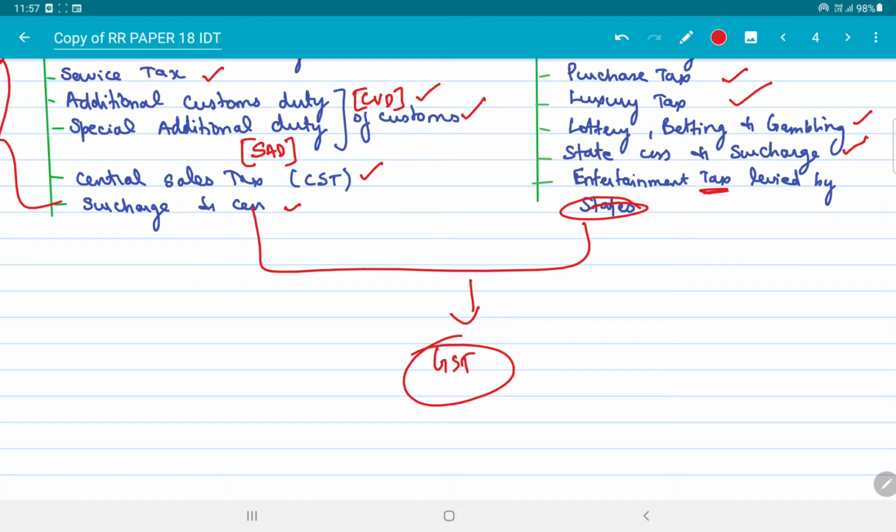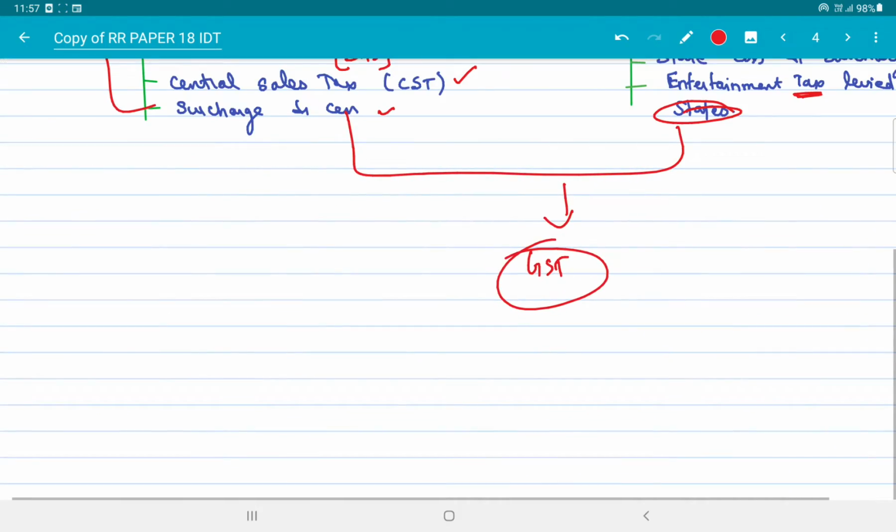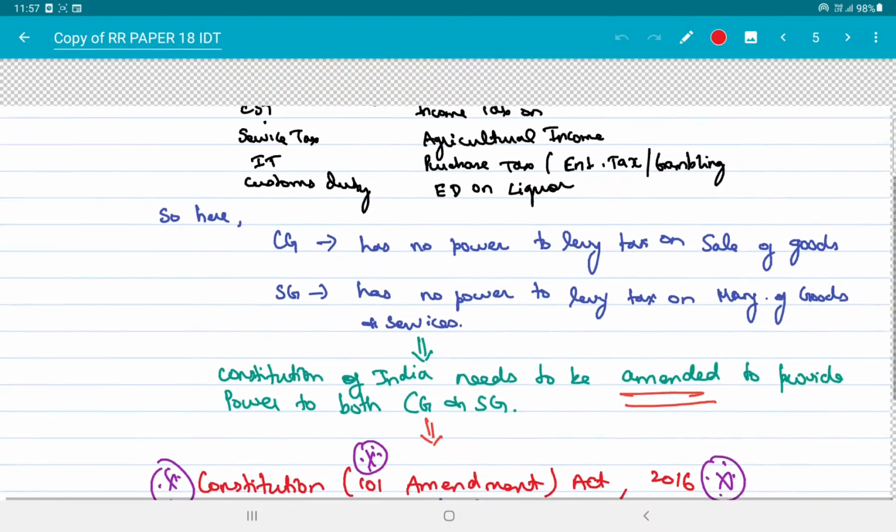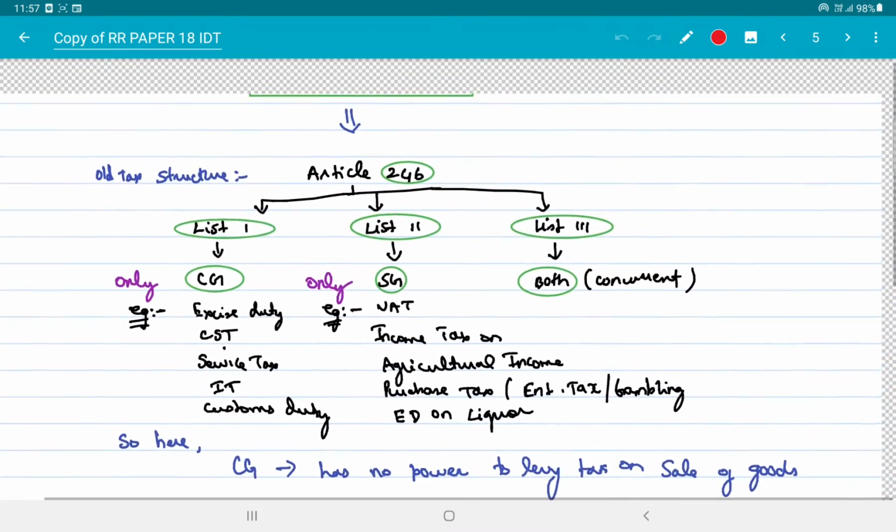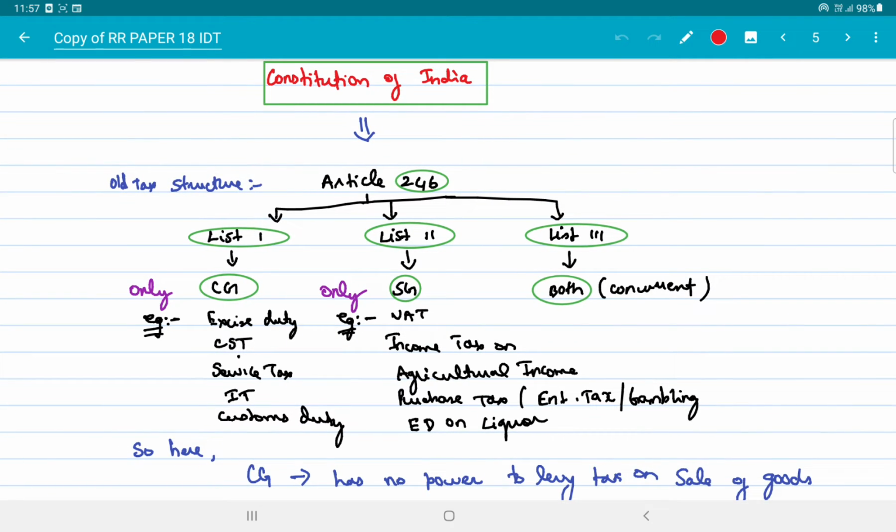GST. Okay, so this is the discussion. Now, as you are aware, to levy GST and to subsume all those taxes which we discussed now, there should be some changes in the Constitution of India.